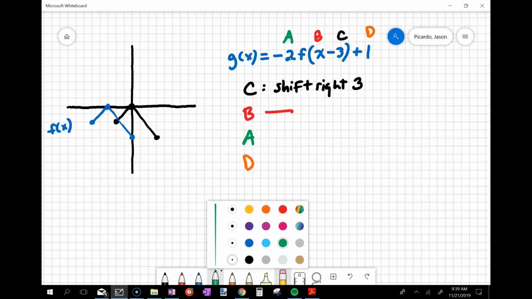Okay, Y values, guys, go which direction? Up and down or left and right? Yeah, so when I'm changing Y values, that's always going to affect motion that goes up and down. So I'm either going to be stretching, shrinking, shifting, or reflecting up or down, aren't I? When I'm what? When I'm outside of the parentheses, okay?